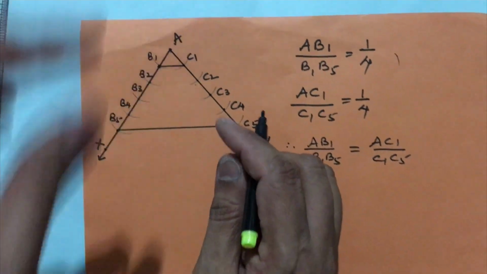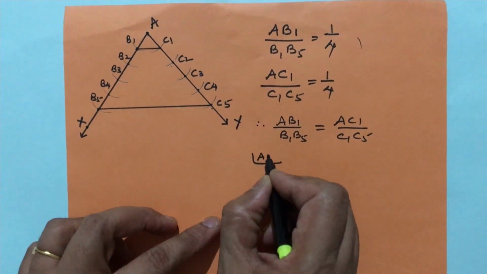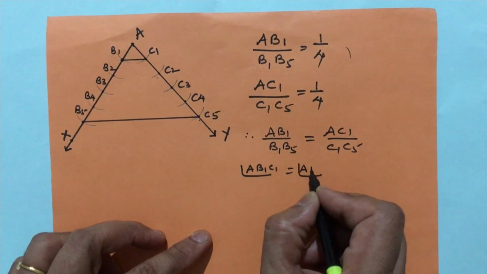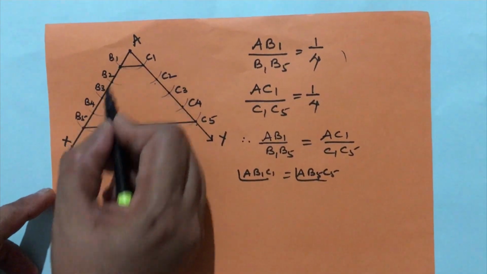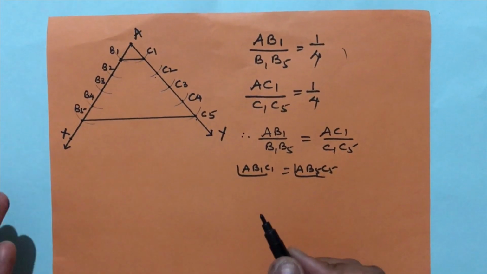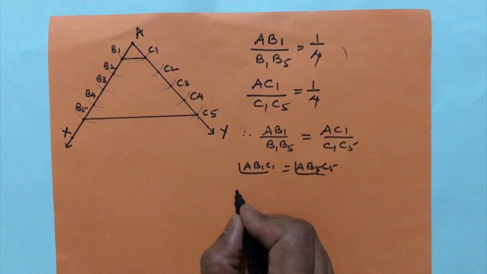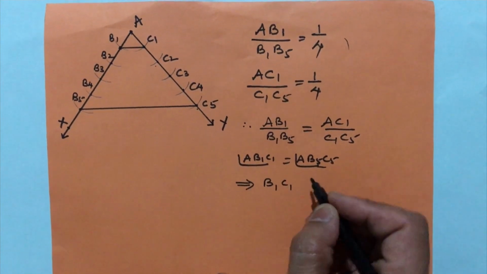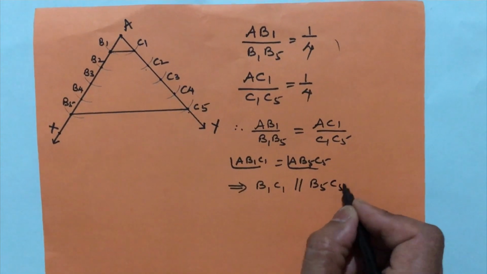So when I observe here, the angles A, B1, C1 is equal to A, B5, C5. It means these are the corresponding angles, they are equal. When the corresponding angles are equal, then the lines can be parallel to each other. So what I can say here is that B1C1 is parallel to B5C5.